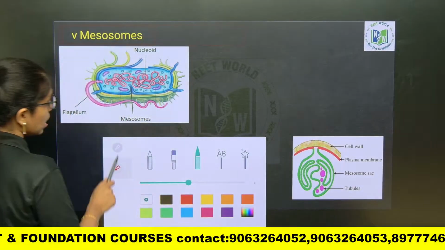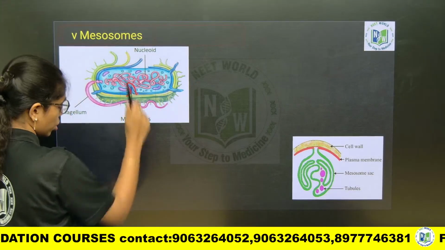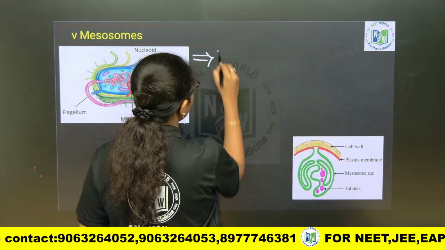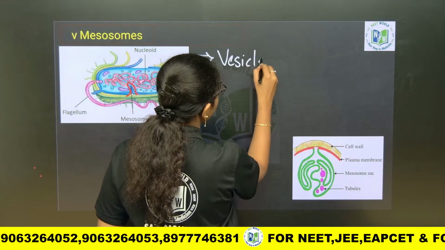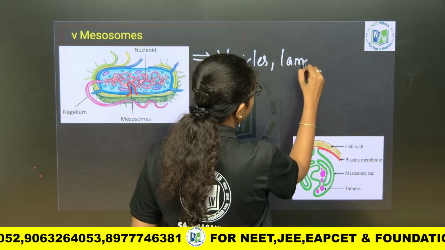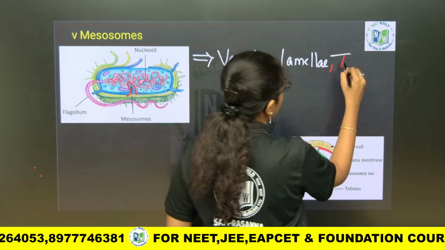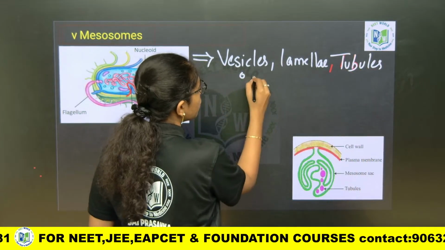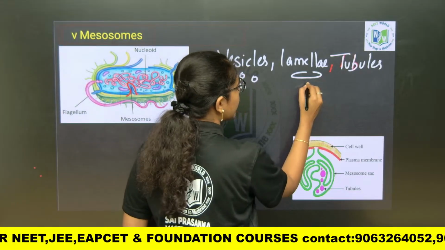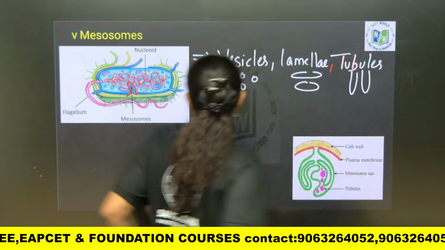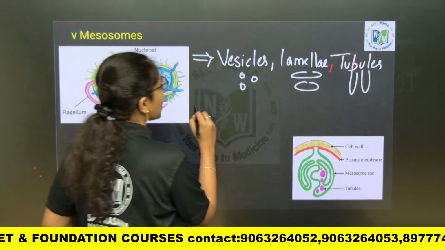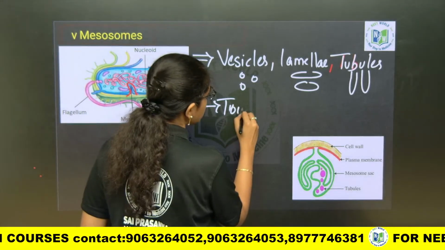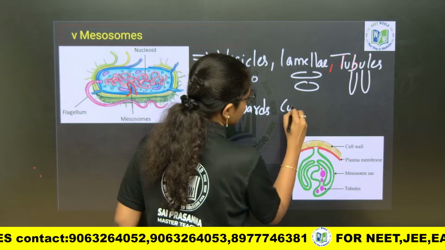As we have discussed, the cell membrane has invaginations. These invaginations can be in the form of vesicles, lamellae or tubules, towards the cytoplasm.